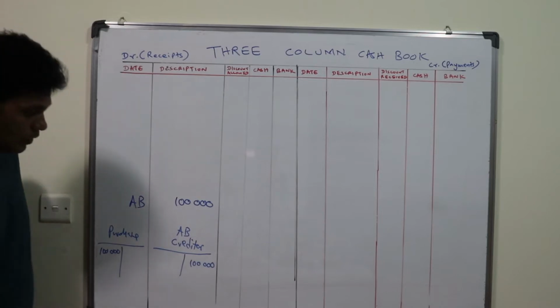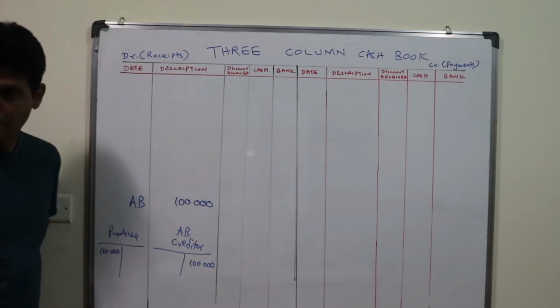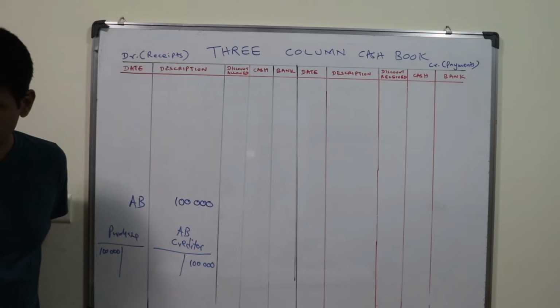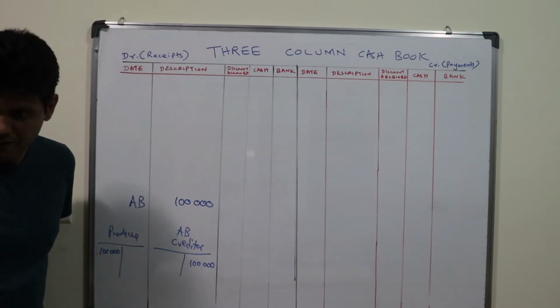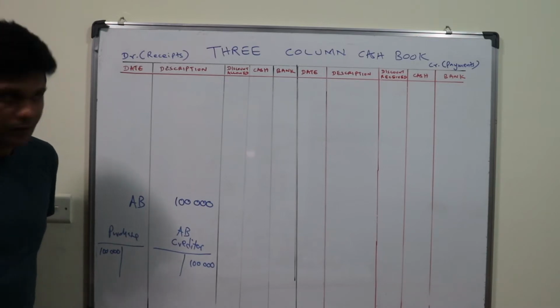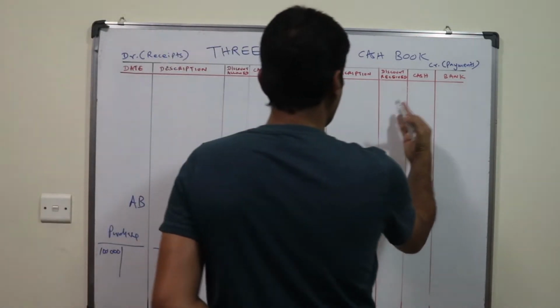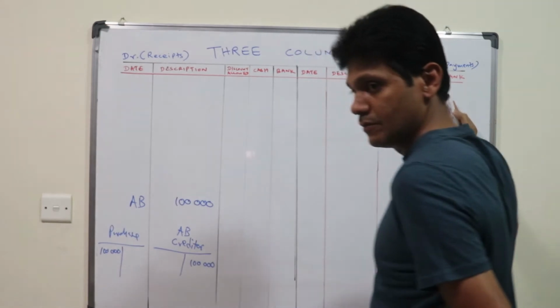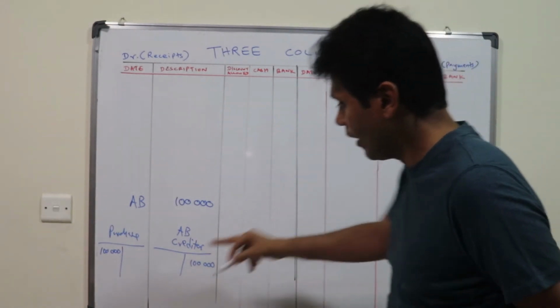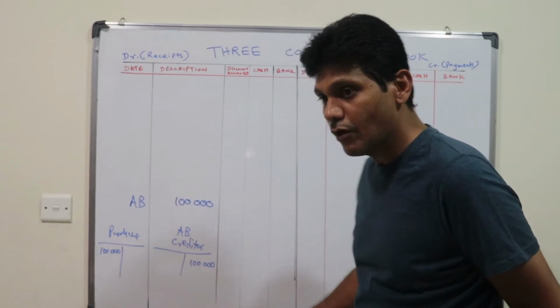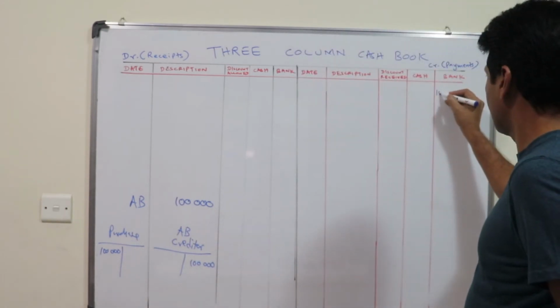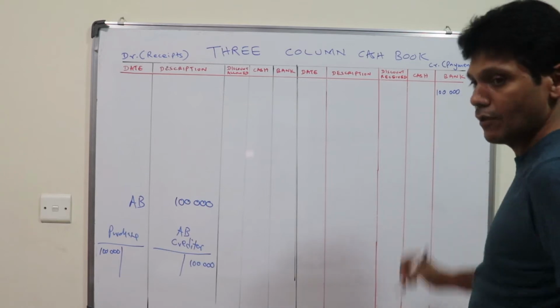Now you have to settle him. How will you settle? Let's say you are going to issue a check. When you issue a check, you will credit the bank column. If you settle the full amount, you will credit the bank column 100,000.